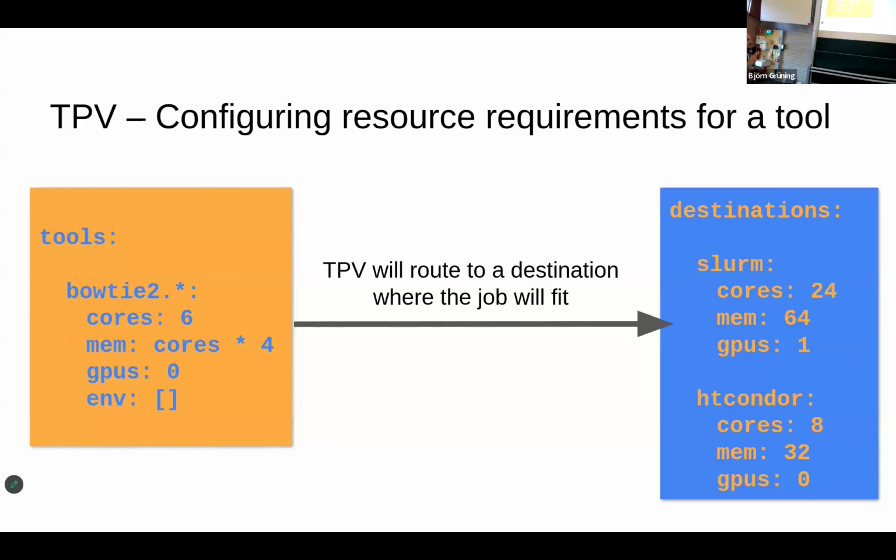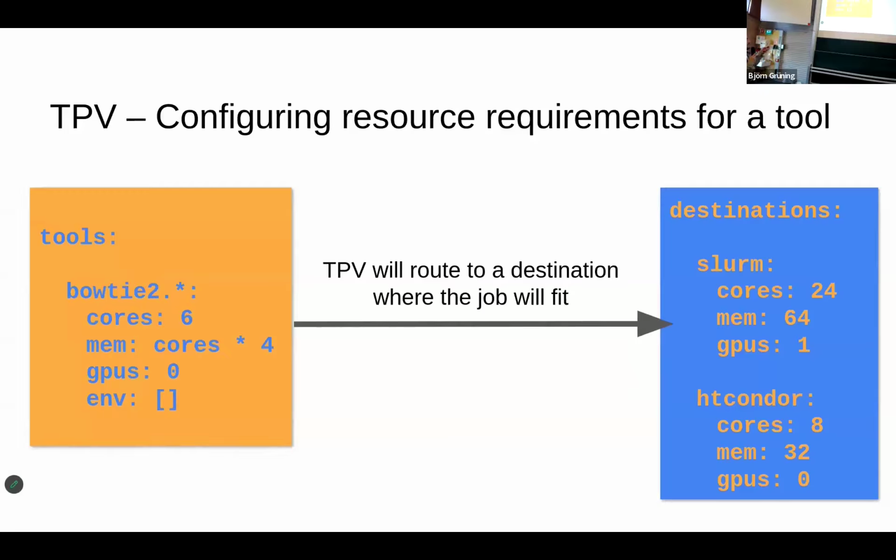So here's an example. The tool will have these kinds of requirements on the left. And so basically TPV tries to match that in a static way. Here, you can see both of these destinations can in theory run this job.